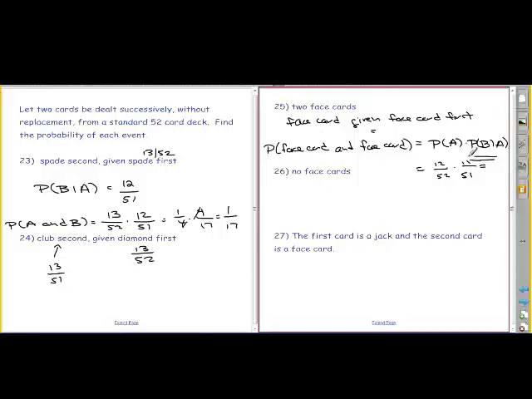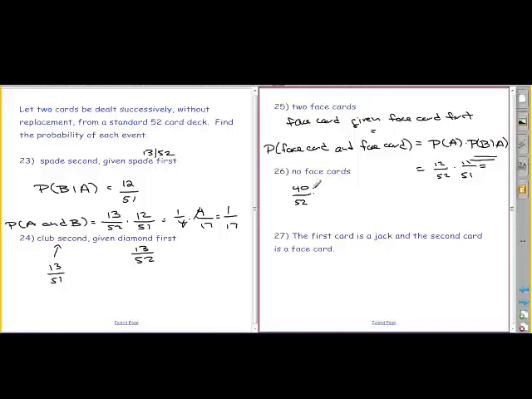Now for no face cards, you might think, oh, is that going to be 1 minus the probability of getting 2 face cards? And that's not true, because you can get 1 face card the first time, and you get a face card the second time. What you would do here is ask, how many cards in the deck are not face cards? Well, it's going to be 40, because there are 12 that are face cards, therefore there are 40 that are not face cards.